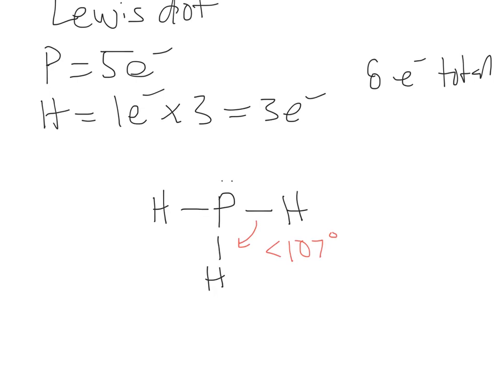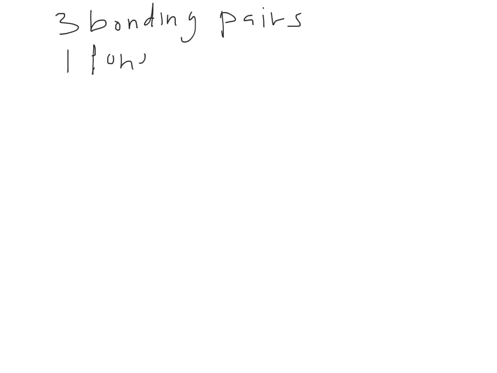So we're going to draw out the VSEPR diagram to be able to actually see the molecular shape of the molecule. So we do know that phosphine has 3 bonding pairs, as we saw with the hydrogens. And then we do know that it has 1 lone pair of electrons.